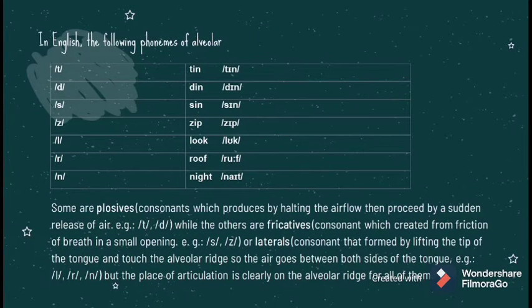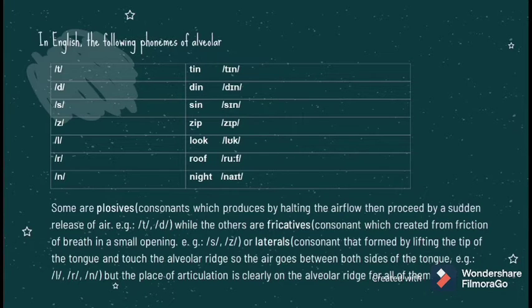In English, the phonemes of alveolar are T as in tin, D as in din, S as in sin, Z as in zip, L as in look, R as in roof, N as in night. Some are plosive.